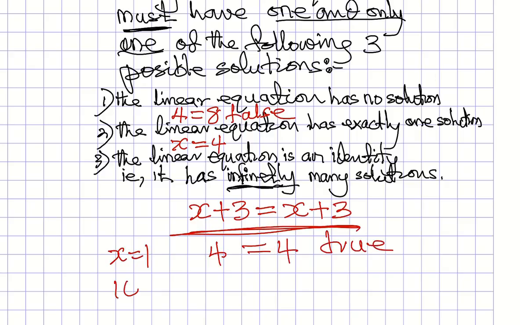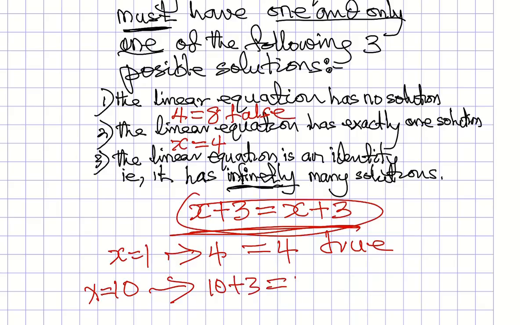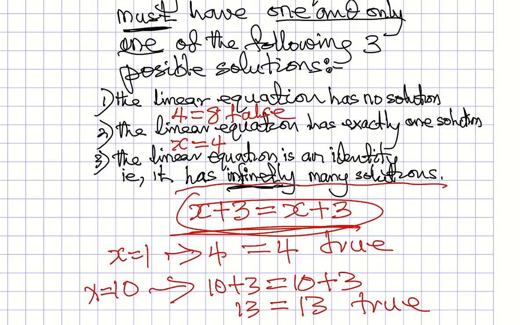Let's say you put x equals 10. You're going to have 10 plus 3 equals 10 plus 3, which is 13 equals 13, which is always true. No matter what number you put there, it will always be true. That's why they say it has infinitely many solutions. So these are the only three alternative solutions you can have. There's no other. Okay, so I wanted to get this out of the way.